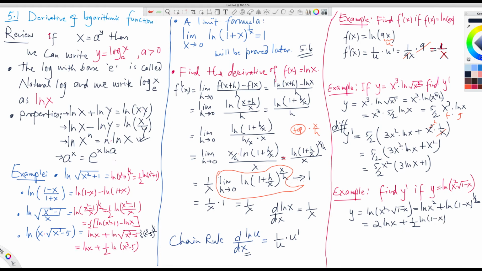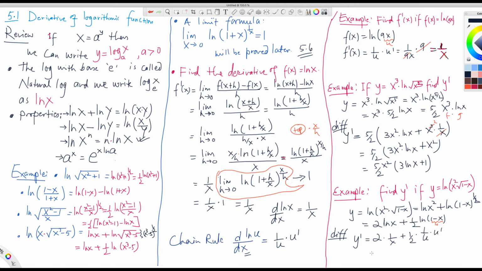Now I want to find the derivative. So let's differentiate on both sides. If you differentiate, what do you get? y prime is equal to 2 times, what is the derivative of natural log of x? 1 over x, plus, since this is a number, I can pull that out and find the derivative of natural log of x only. Similarly here, 1/2 is pulled out. It is like the derivative of natural log of u, where this is u, right? So it will be 1 over u times u prime.